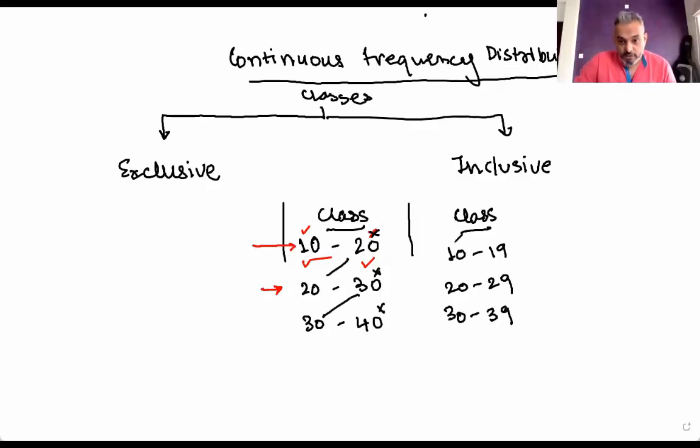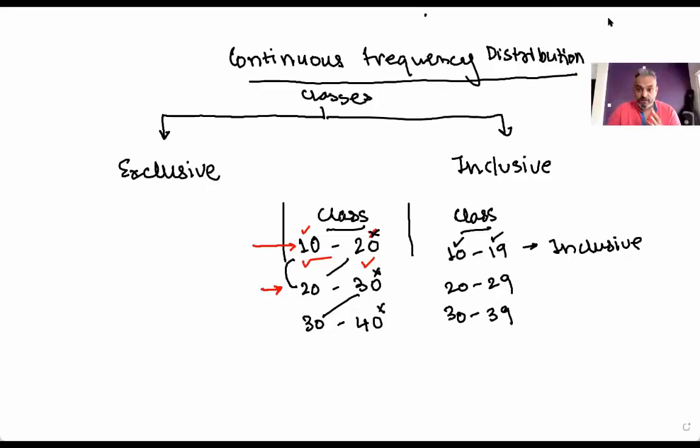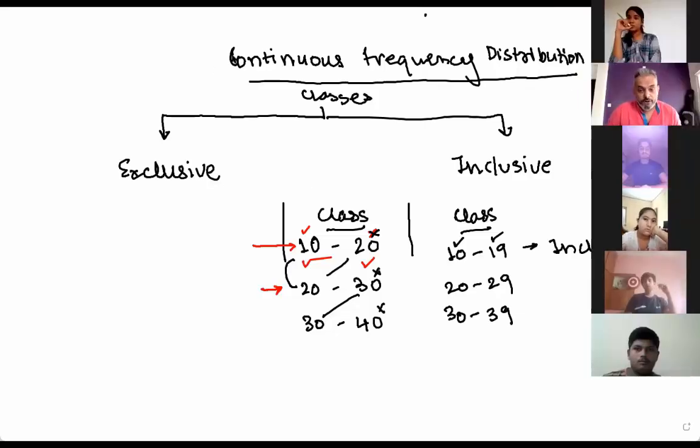So you include 10 also, you include 19 also, so they are known as inclusive. So just by seeing one class, if nothing is given, we cannot say anything. We have to see what is the next class and then decide whether it is inclusive or exclusive. All of you understood this?